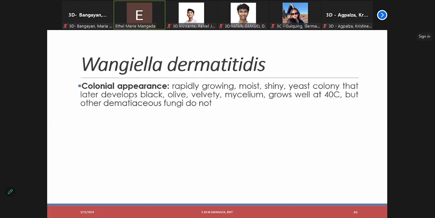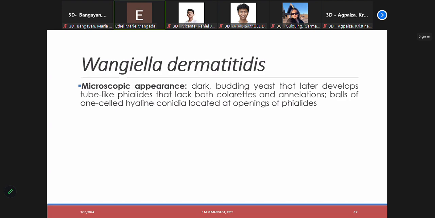Okay? Next, sa microscopic exam, it shows now presence of dark budding yeast that develop tube-like phialides. Okay? So, walang collarettes, wala yung parang mga ganyan na conidia niya, and no annellations.